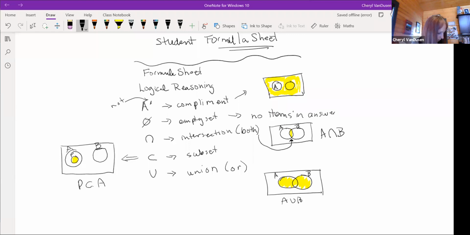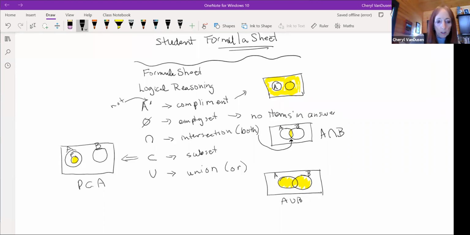Oh, disjoint. Do you guys know what the word disjoint means? Okay, there's not really a symbol for it particularly. Disjoint and empty set sort of go together. Who wants to tell me what disjoint means? Any ideas?